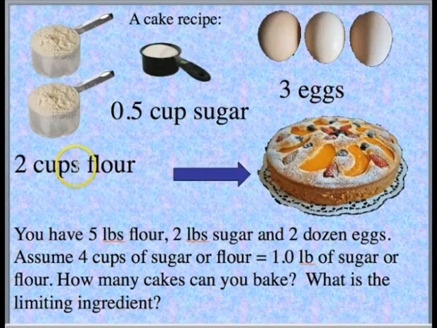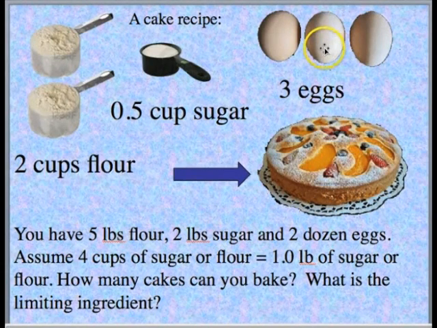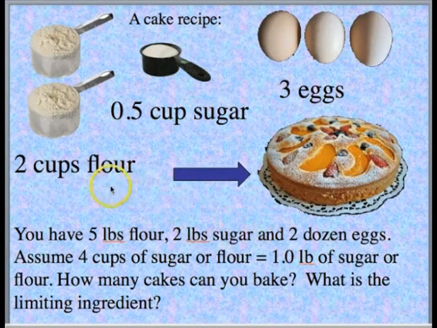Well, you notice that your recipe is in cups of flour, but in the pantry you've got pounds of flour and pounds of sugar. You've also got 3 eggs in the recipe, but you know you have 2 dozen eggs in the fridge. So the first thing you're going to need to do is to convert your 5 pounds of flour into cups of flour.